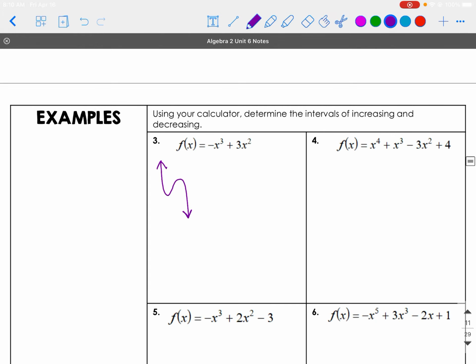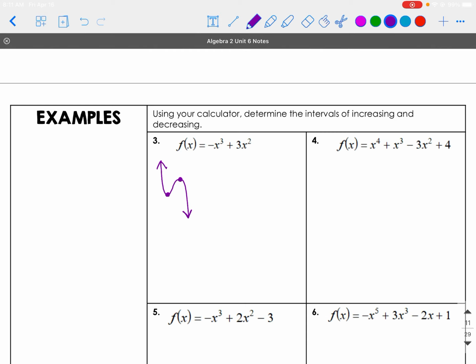And your ends, that's where the arrows go. So we have a minimum and a maximum. If you look back on your notes, you can see where those minimums and maximums were. And remember, we only care about the x values. When we're doing increasing and decreasing, we only care about the x values.